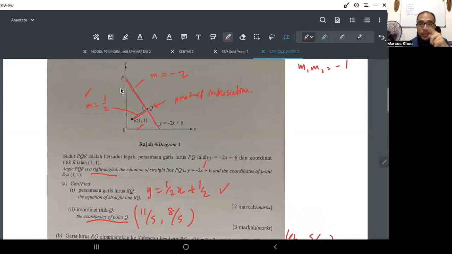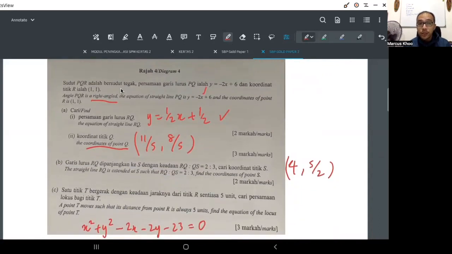If there's a point of intersection between two lines, what you need to know is y equals y. So you have -2x plus 6 equals half x plus half. Then you find the x coordinate and the y coordinate, and you should be able to get the value of point Q.